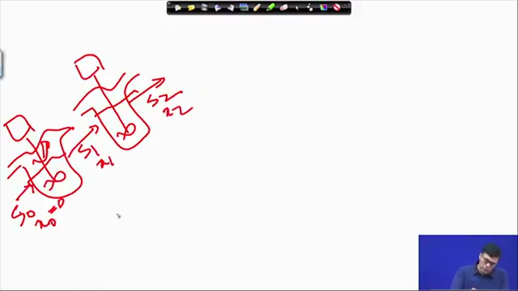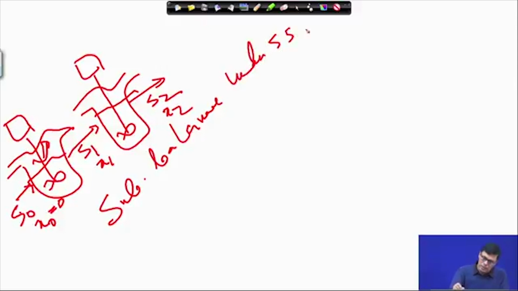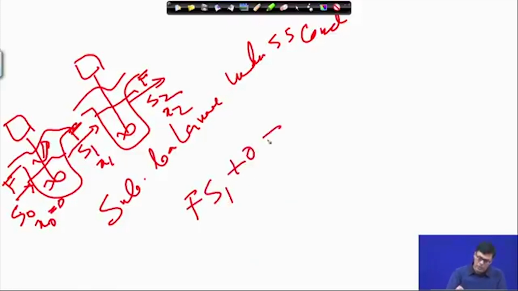Now, if you want to do the substrate balance under steady state condition, what can we write? What is the rate of input of substrate? F is the flow rate everywhere, all the flow rate is F. So, F times S1 is the input, and the generation of substrate will be 0. What is the rate of output? This is equal to F times S2, am I right?